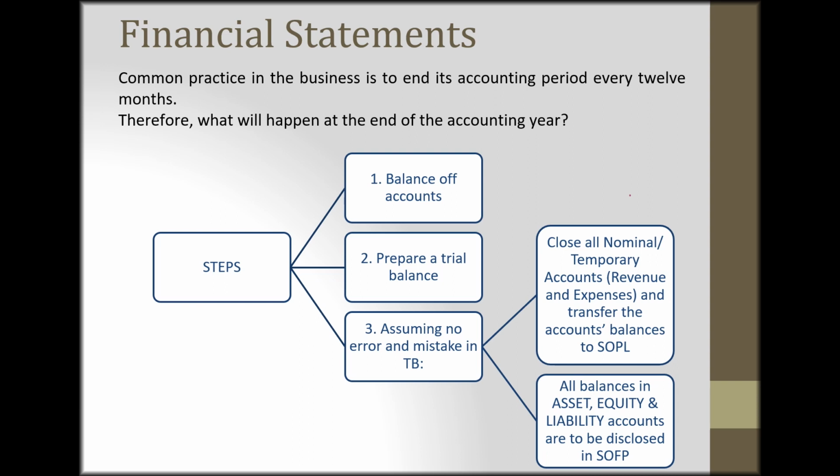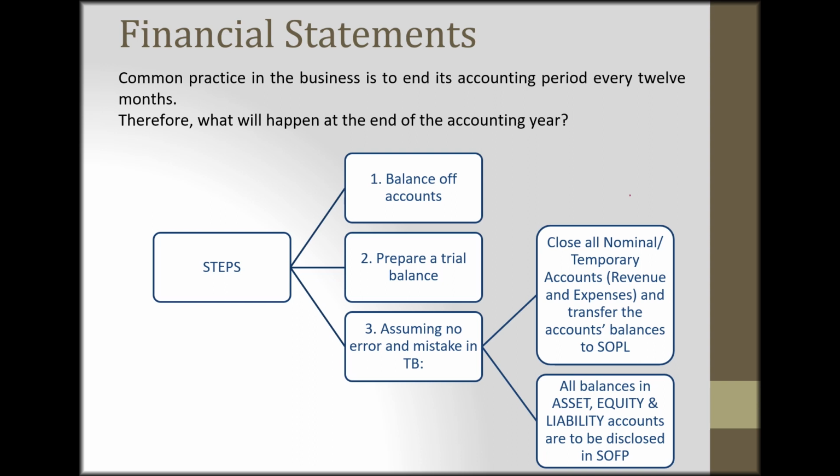So what are we going to do with the temporary accounts? We are going to close them and transfer all the balances to the statement of profit or loss, while all the balances in asset, equity, and liability accounts are to be disclosed in the statement of financial position. We are not going to close asset, equity, and liability accounts; we show only the balance c/d, which is then disclosed in the statement of financial position.